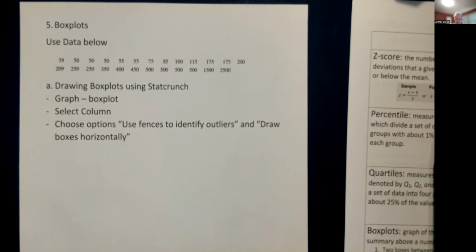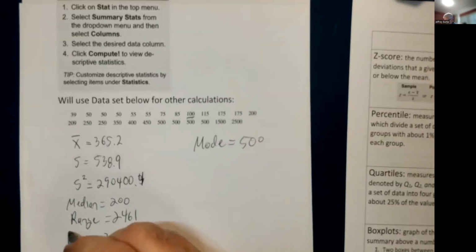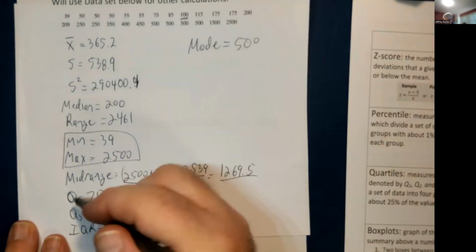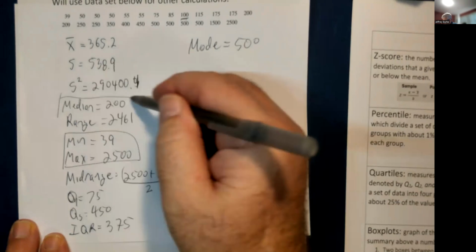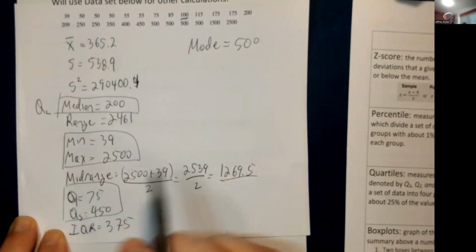One thing we do have for this is the 5-number summary from our previous work. What constitutes the 5-number summary is the min, the max, the median, because remember the median is Q2, and we also have Q1 and Q3.